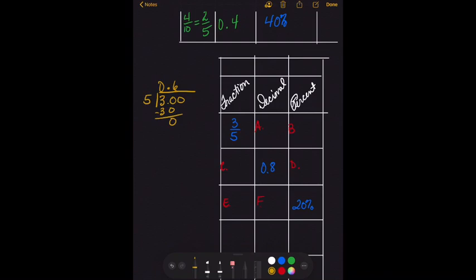So we can just stop there and write it as 0.6. The other way we could have thought about it is, I can change this to tenths pretty easily by multiplying by 2 over 2, and I get 6/10, and I know how to write that as a decimal.